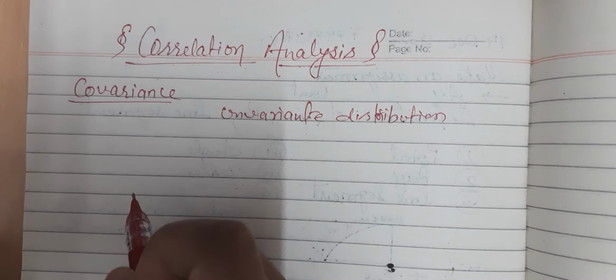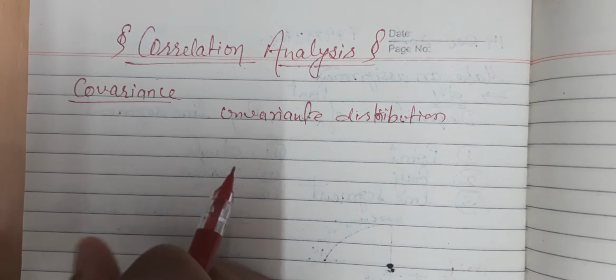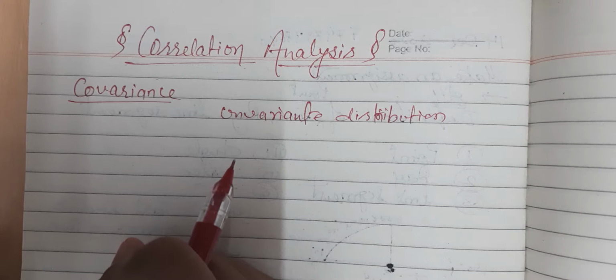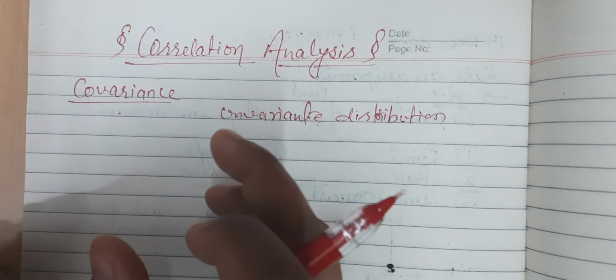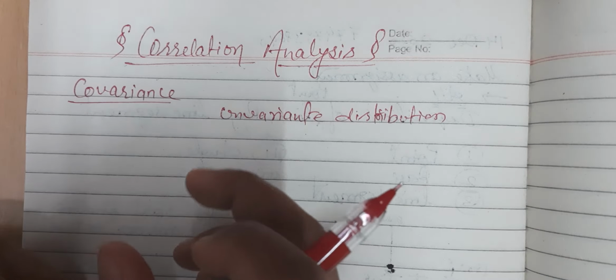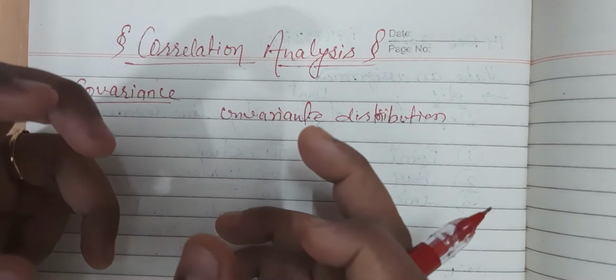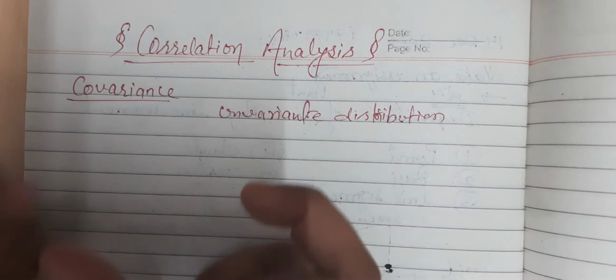Sometimes we come across certain series where each item of the series assumes the value of two or more variables. For example, if we record the marks obtained by students in a class in two subjects, say maths and accountancy, we get a bivariate distribution.